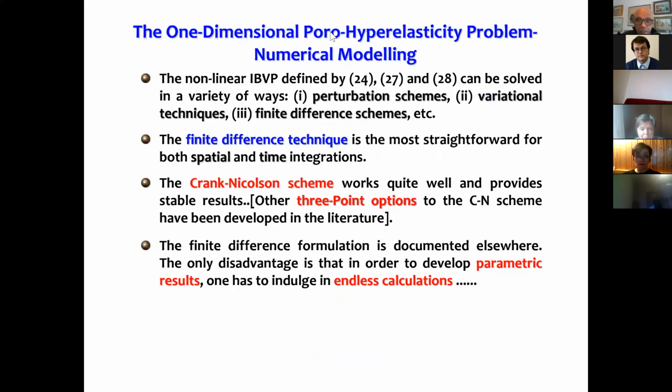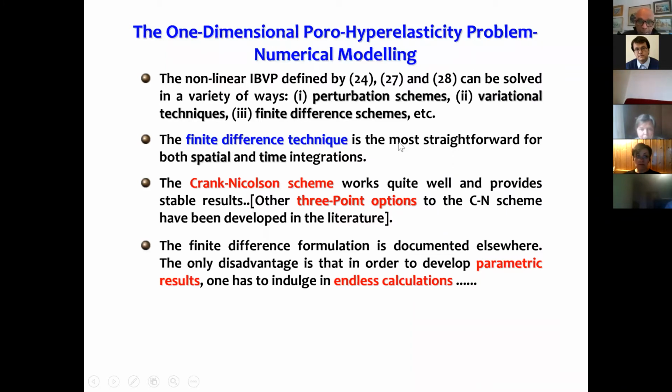There are techniques that you can apply for the nonlinear initial boundary value problem. We can solve it using perturbation schemes. You can use variational methods, finite difference schemes, finite element schemes, Galerkin techniques, and all the other computation schemes can be used.